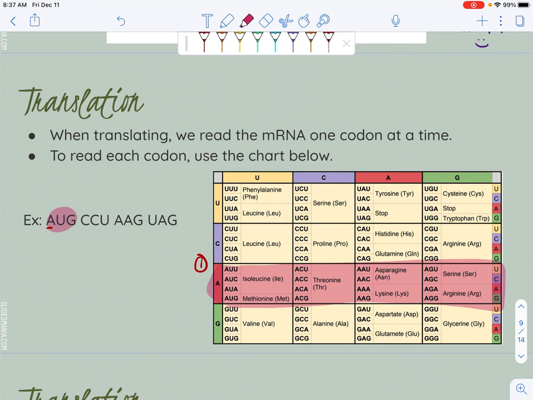Now, my second letter is the letter U. The second letter corresponds to the column. So if I want to be in the U column, all I care about is the information in the U column. So I only care about what is in both the A row and the U column, which means that I am only looking at information inside of this box where the A row and the U column meet. All right?